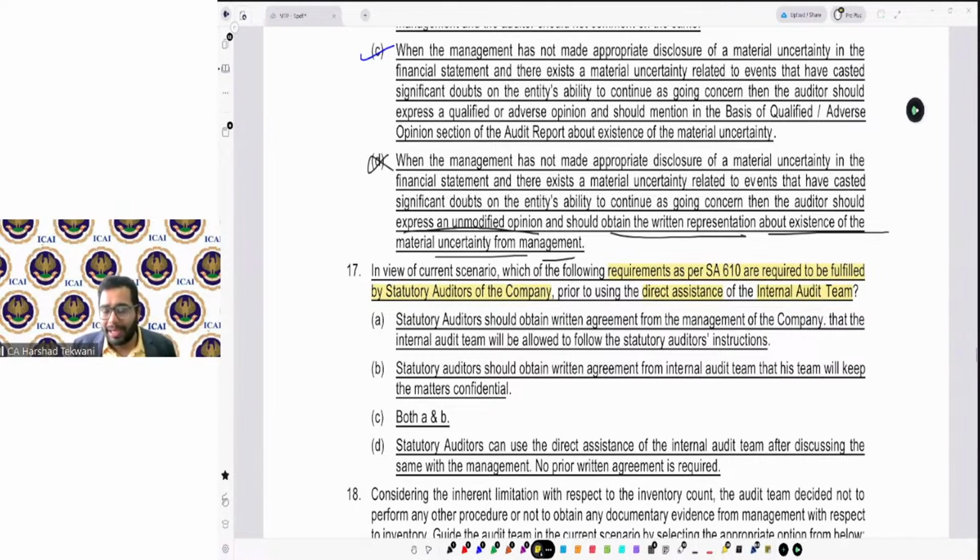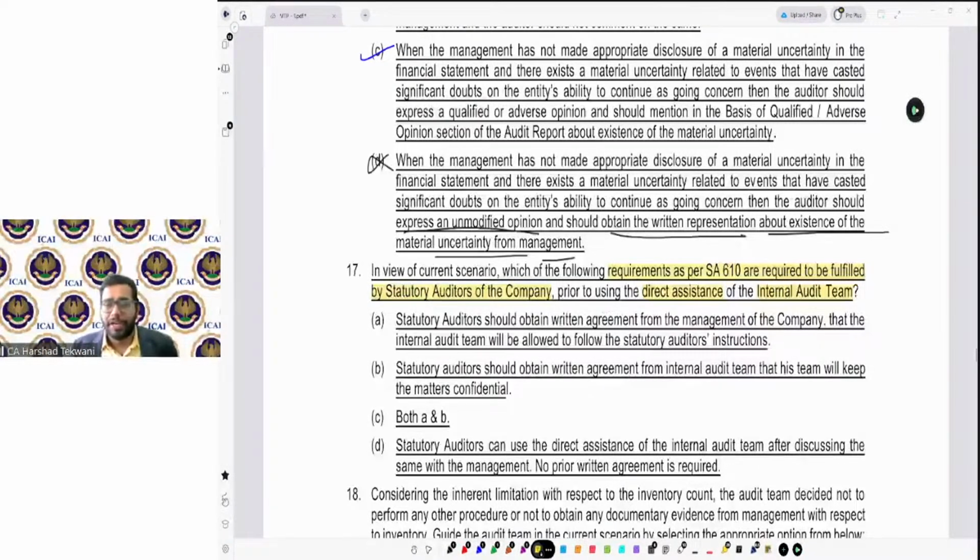But for that, I need to obtain a written agreement from an authorized representative of the entity that the internal auditor will be allowed to follow the external auditor's instructions, and that the entity will not intervene in the work of the internal auditor.